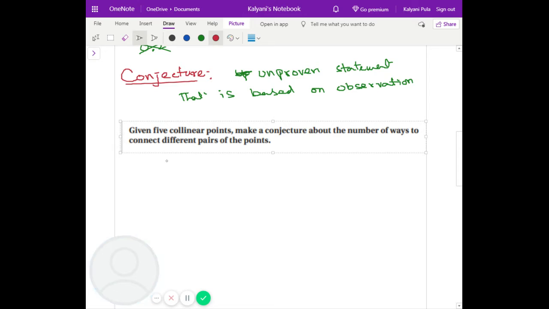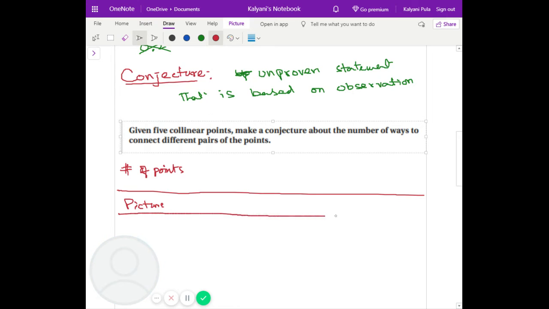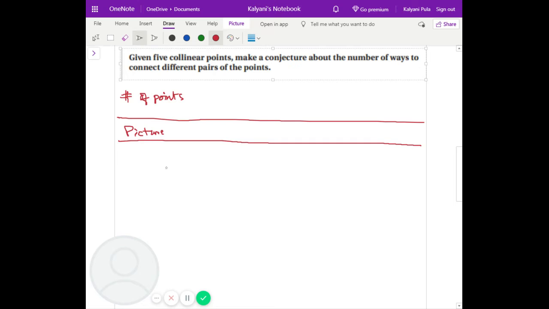Let's say for this one, we try different numbers of points, draw a picture, and see the number of connections we can make. So let's say I have 1 point.